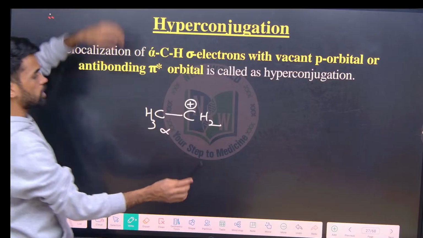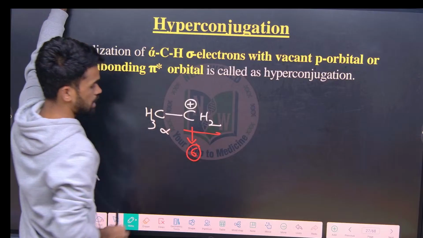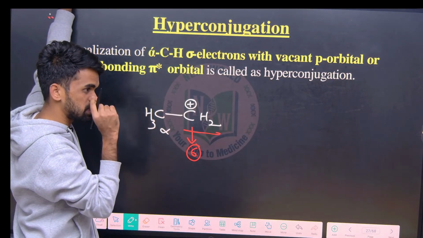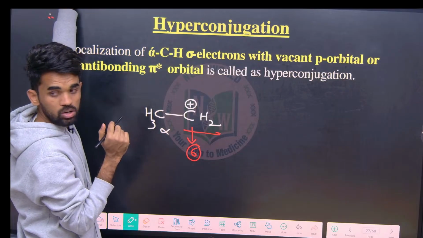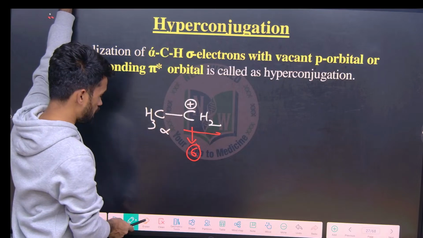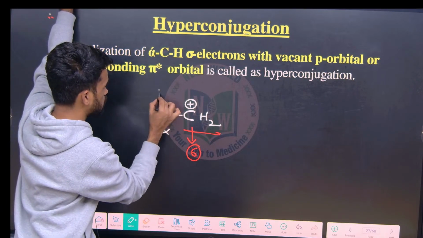Now, how many electrons does a carbocation contain? 6 electrons only. So 6 electrons only means electron deficient or rich? Deficient. Okay, so what does it require? These carbons require electrons, so those electrons are given from adjacent alpha hydrogens. See, these hydrogens are there.